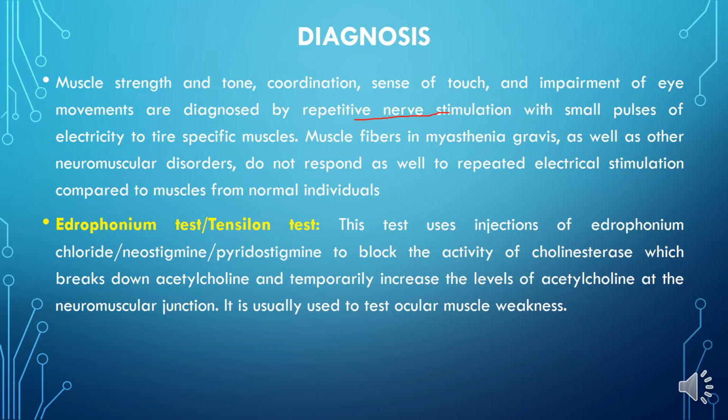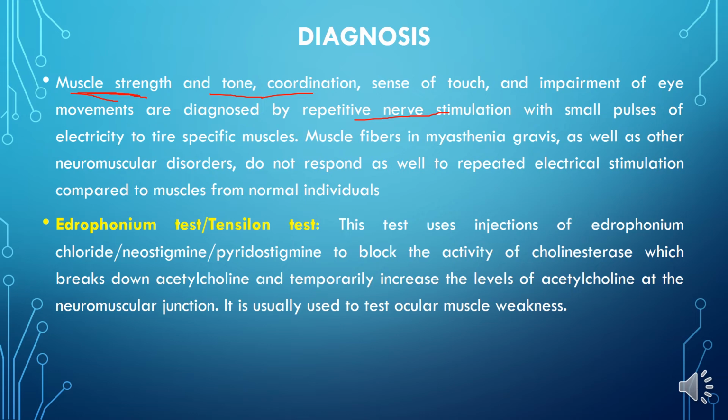For example, drooping eyes, then diplopia, all these symptoms will start to show up by repeated stimulation of the muscle. So this is the very first process, that is checking the muscle strength, tone and coordination. This is the very first step in the diagnosis of myasthenia gravis.